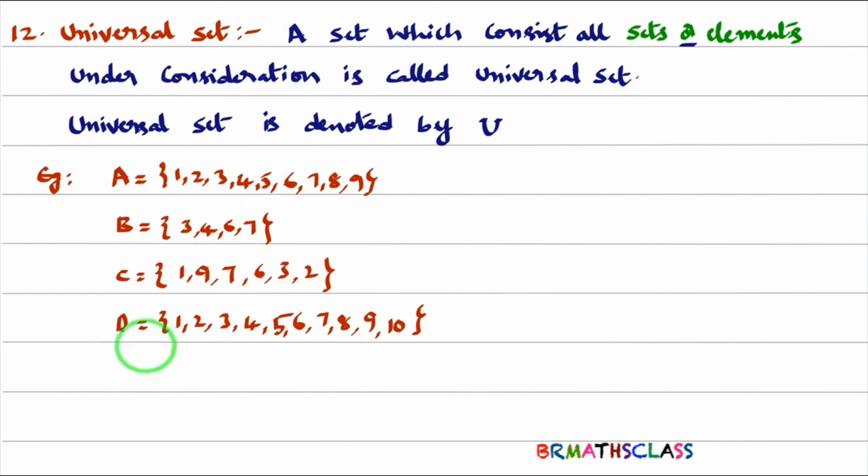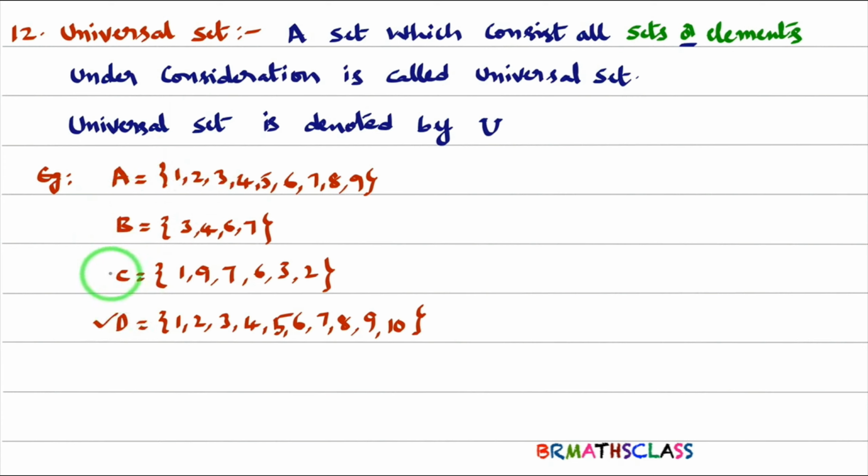Which set is known as the universal set for the given sets A, B, C, D? Which set do we treat as the universal set for these 4 sets? You can observe the set D. This is the set which consists of all the elements under consideration. You observe the set D. All the elements present in A are present in D. All the elements present in B are present in D.